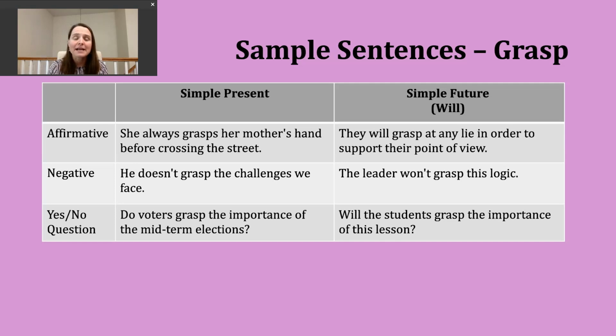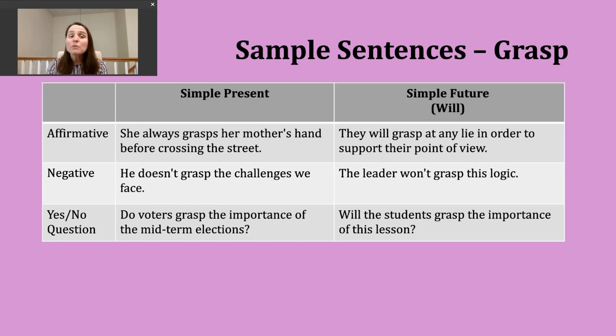And you can see that in my example here. She always grasps at her mother's hand before crossing the street. Right? So maybe we're talking about a small child here who has a very good habit, I would say, of taking a firm hold of her mother's hand before crossing busy streets.